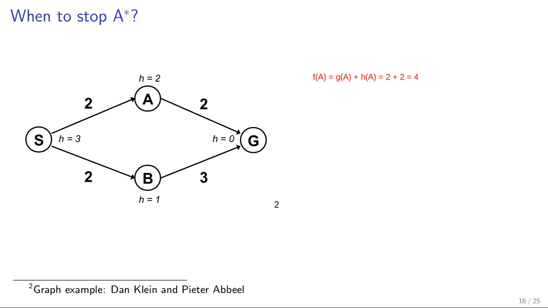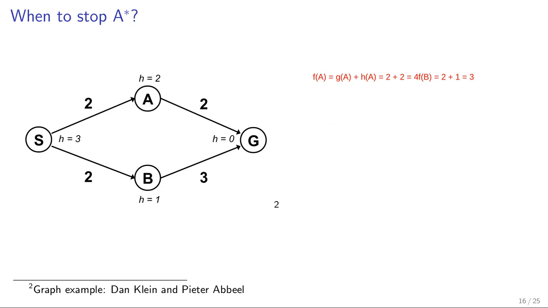Now, how about B? f of B is going to be 2 plus 1. It's going to be 3. So 3 is lower than 4. So I'm going to be expanding B and crossing this out from the frontier.